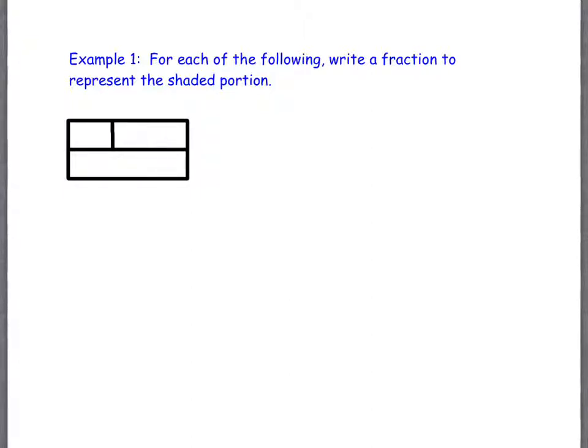And they're not perfect. Pretend for the moment like they are, okay? Just pretend that they were drawn perfectly. So this is A.